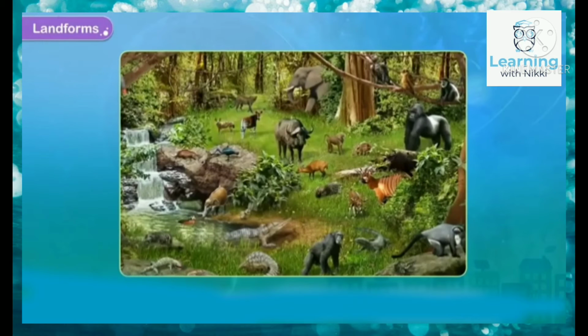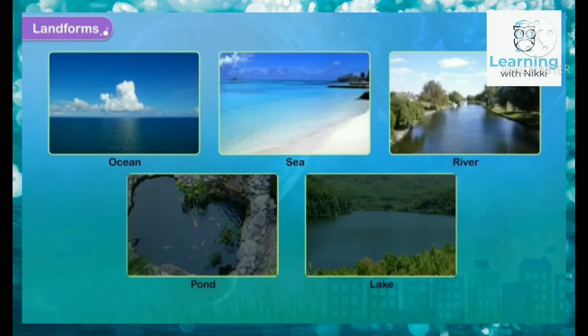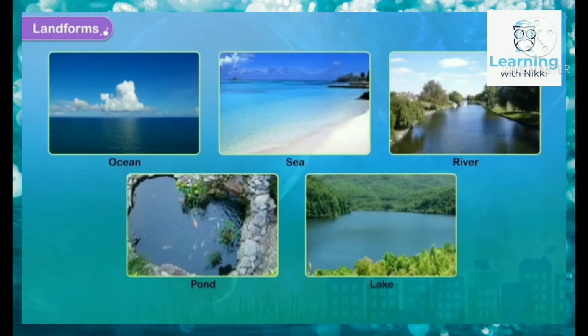The living world consisting of plants and animals is called the biosphere. The water bodies on the earth's surface, like ocean, sea, river, pond and lake, comprise the hydrosphere.